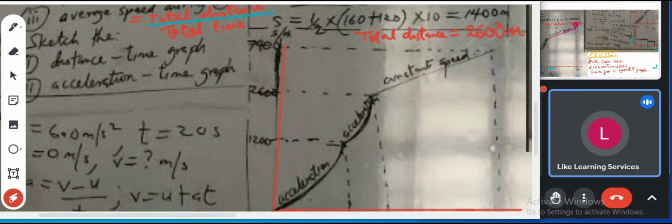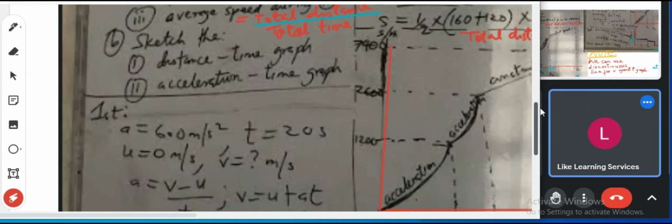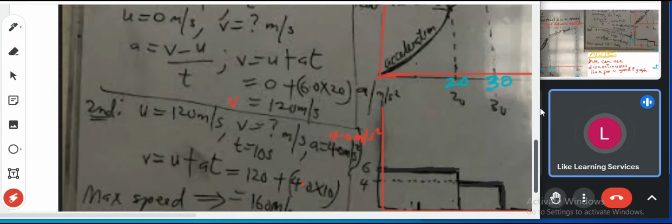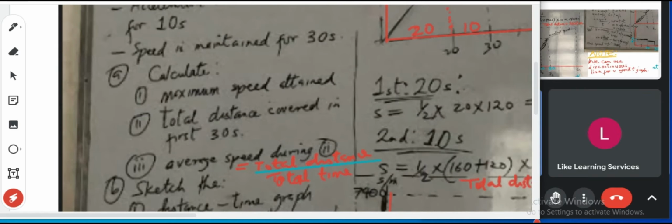I think that one is just speed times time. What was even the maximum speed? What was the maximum speed we calculated? That's 160 meters per second. See it towards the bottom of the left hand side. 160 meters per second for how many seconds?